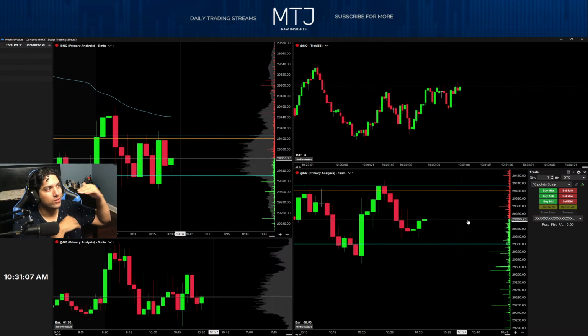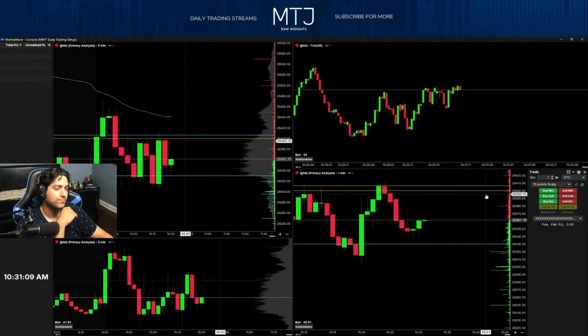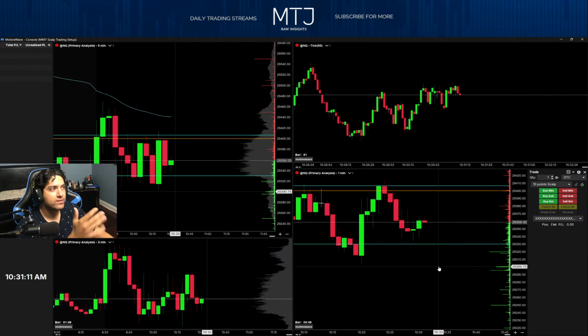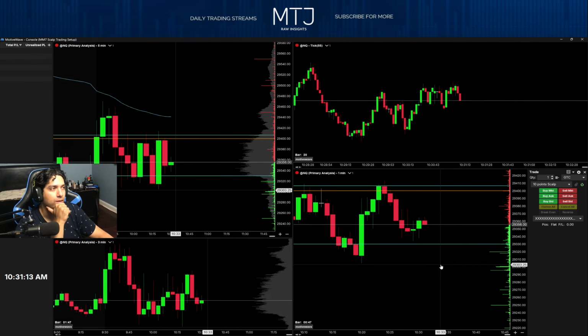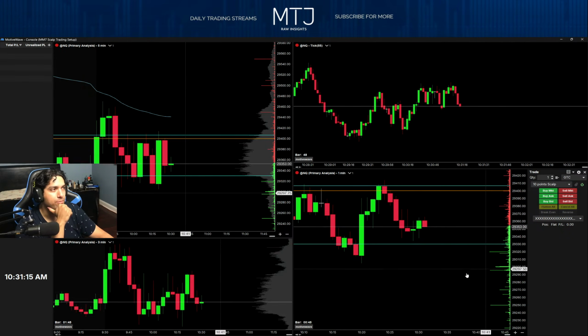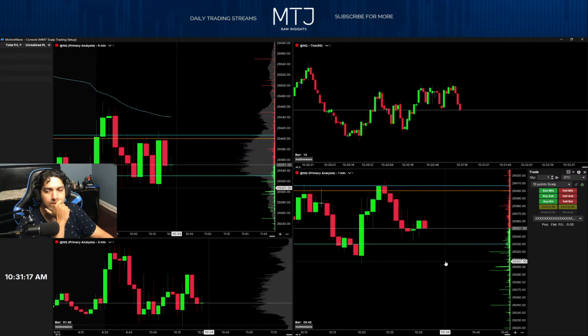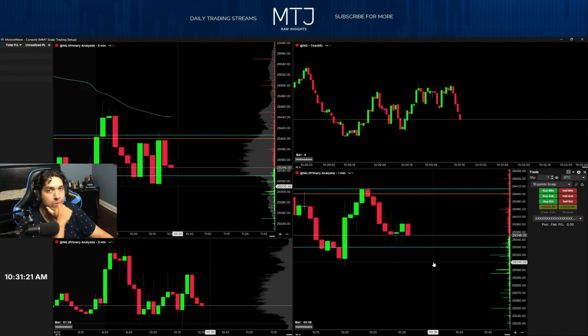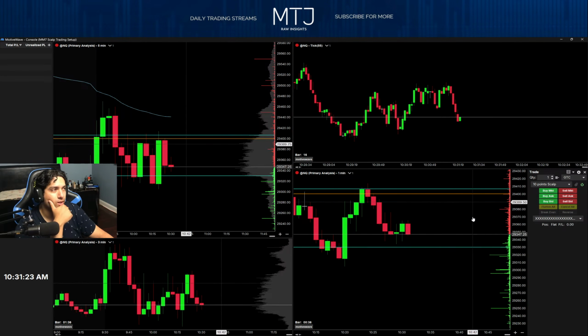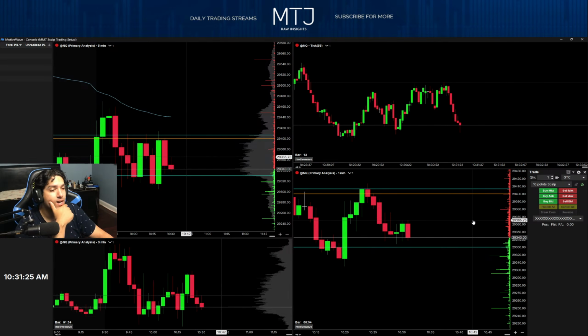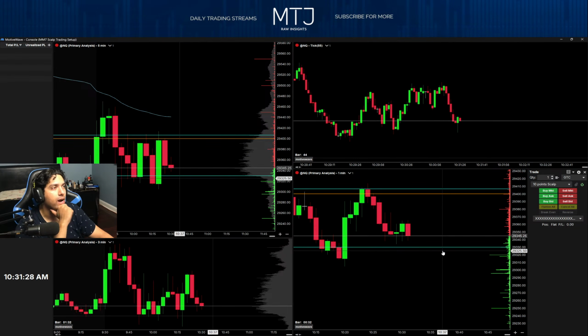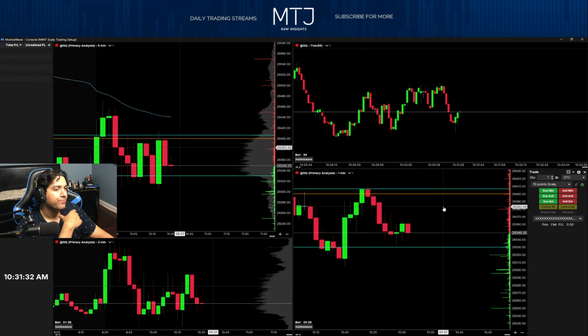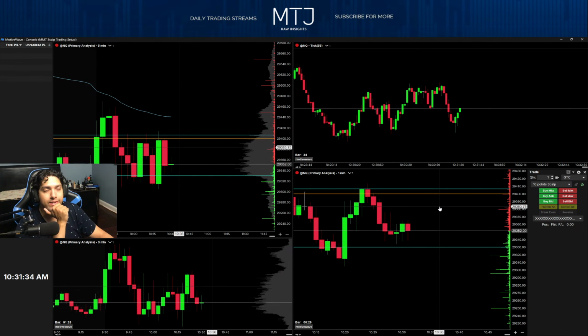That's why it updates over time as the day progresses. But point of control means the highest point within that range. If point of control doesn't flip to a single side, that means not enough buyers or sellers are moving in to continue the trend to that side, right? So that's basically how you can decipher that.